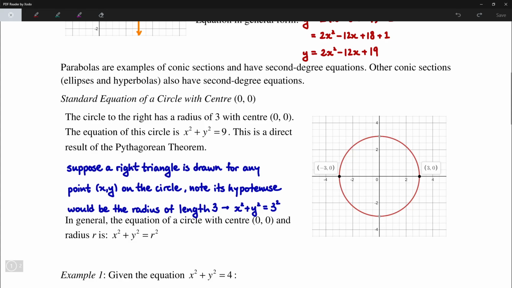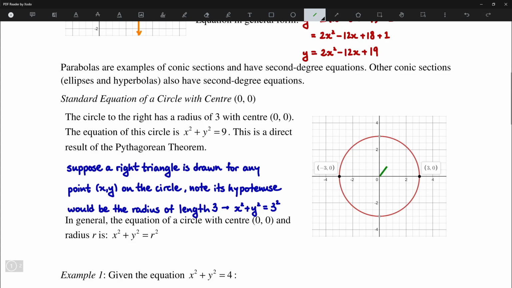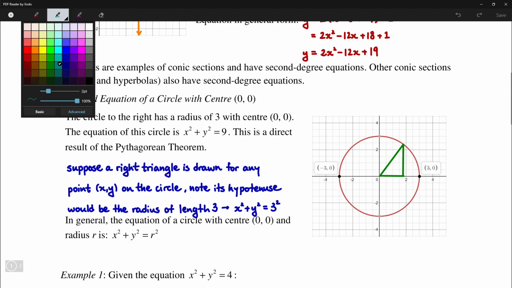So the idea is, if we draw any triangle on the circle, something that looks like this. What we know about this triangle is that, first of all, it is a right triangle.